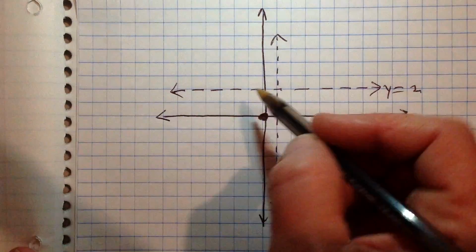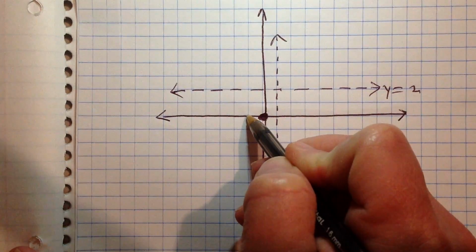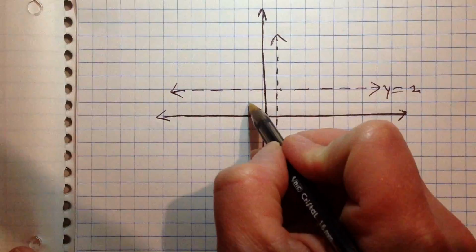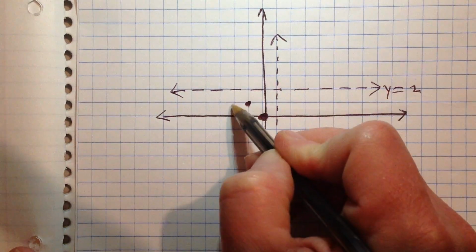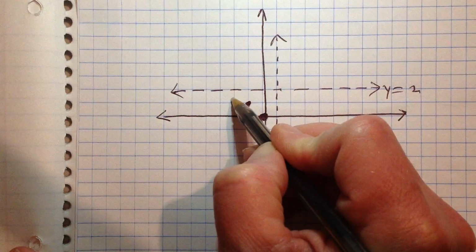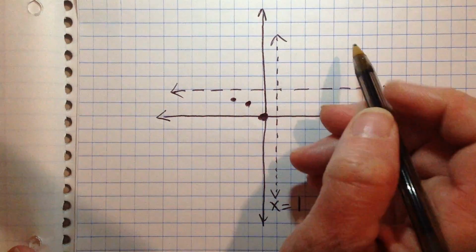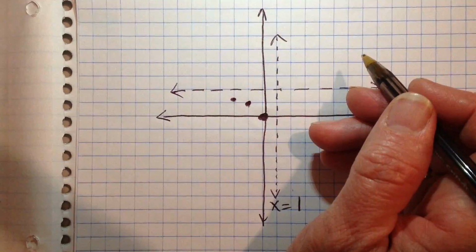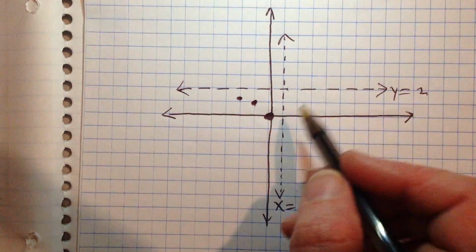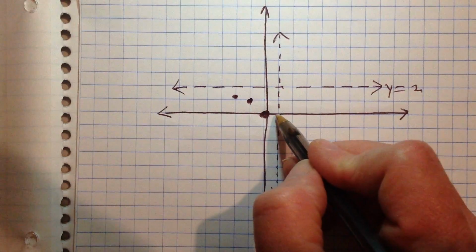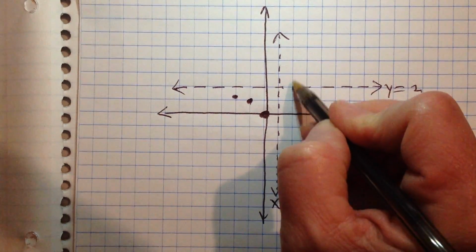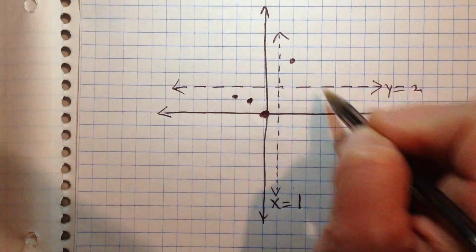Negative 1, 1. So to the left, negative 1, up 1. We found that point. We found the point negative 2, up 4/3, which is like 1 1/3. We found that at positive 2, it's up 4: 1, 2, 3, 4.